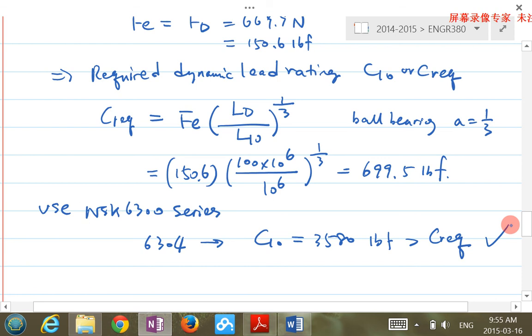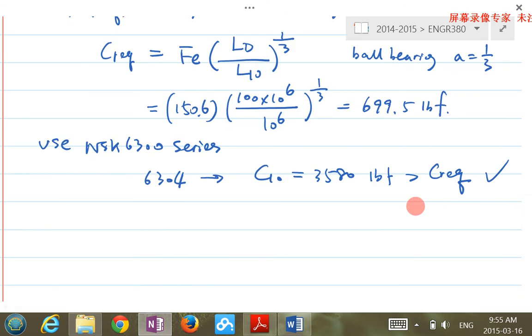So that's basically pretty straightforward in terms of the radial load only for selecting a bearing. Any questions? All good?